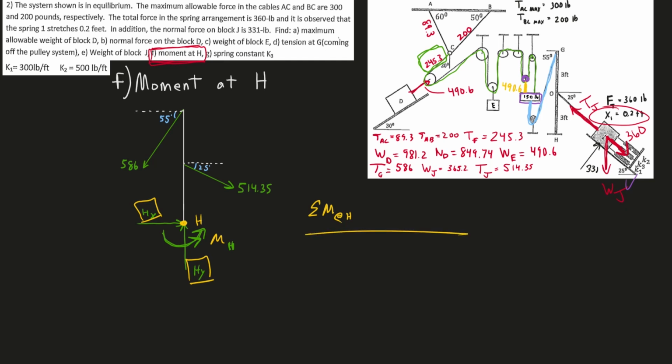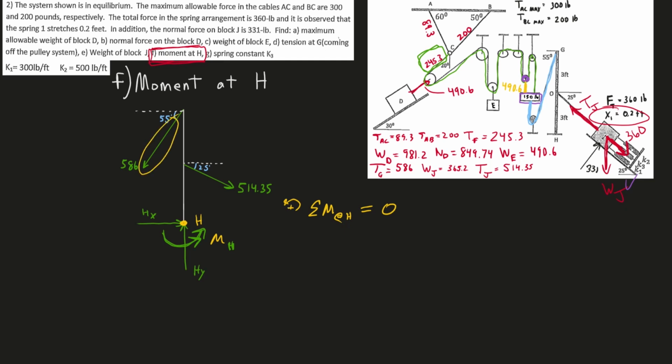Which is good for us because they're just two more unknowns that we do not want to deal with. So that's why we're summing the moments about point H. Alright, so sum of the moments about H is equal to 0, of course. And I'll say that the counterclockwise direction is positive.